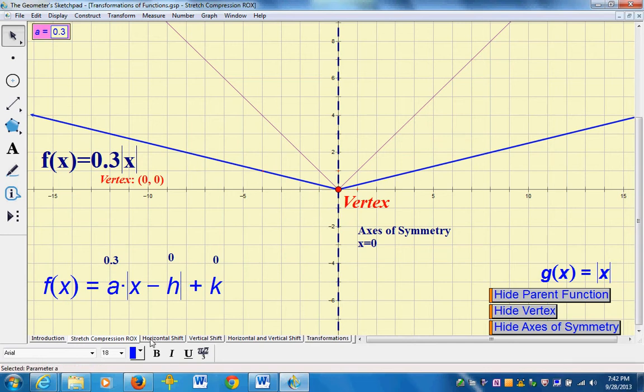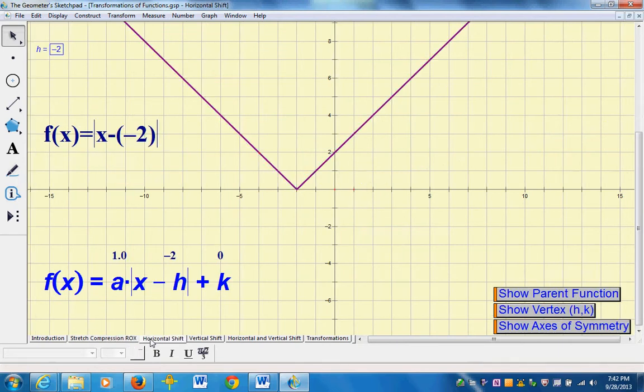So let's look at a horizontal shift. Notice here, in the function I'm showing right here, that my A is 1. So 1 times anything, but you don't need to show the 1. Right now, my H is -2. So let me show you the vertex.